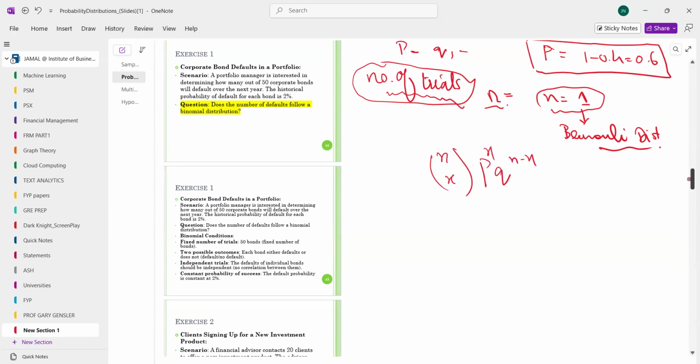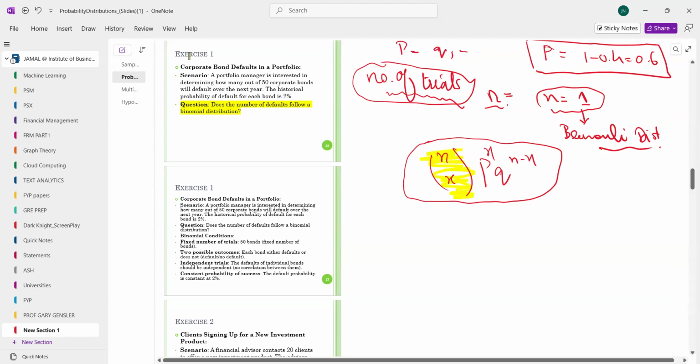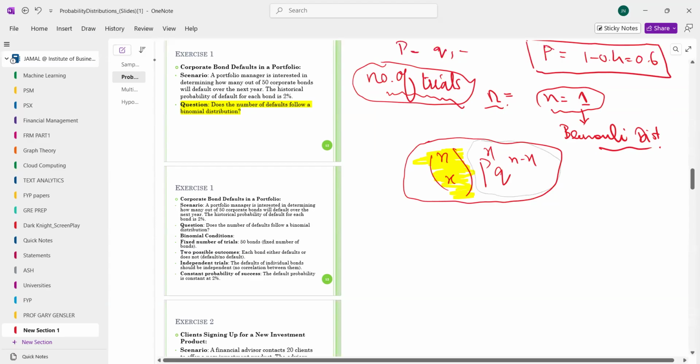That's the formula for the binomial distribution. I'll give you an example of what this term really means. That's the only extra you will see in the formula, because the rest is pretty simple. You already know about p, you already know about q, but what are n and x?